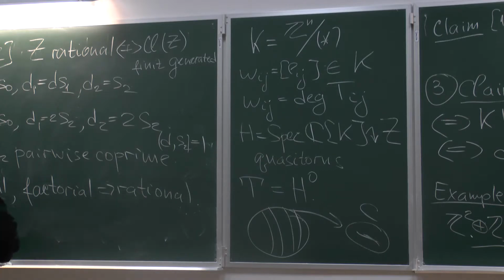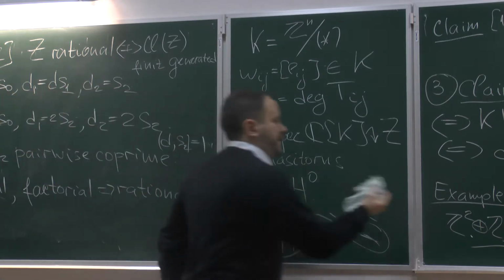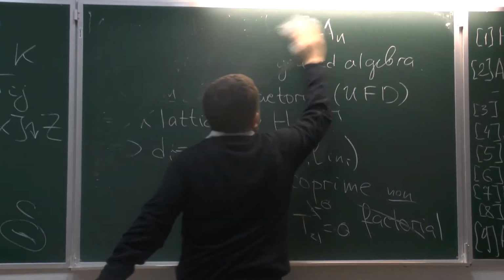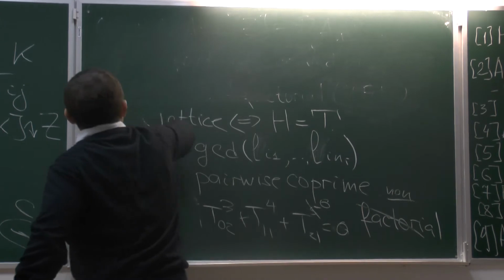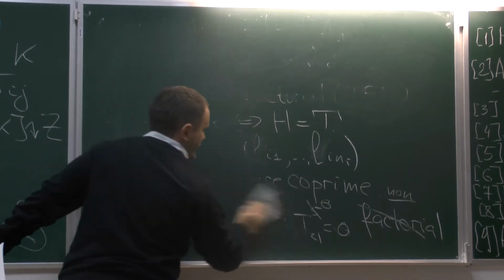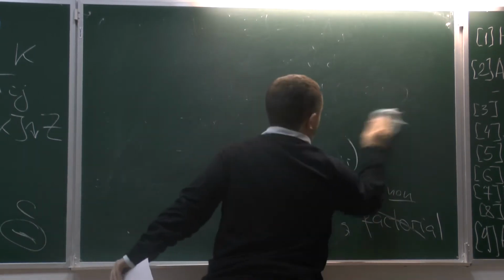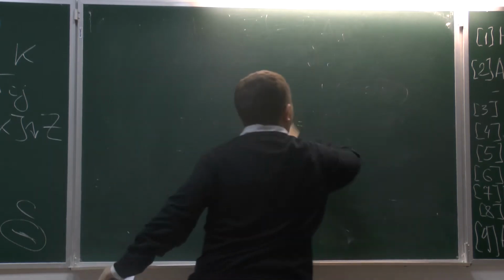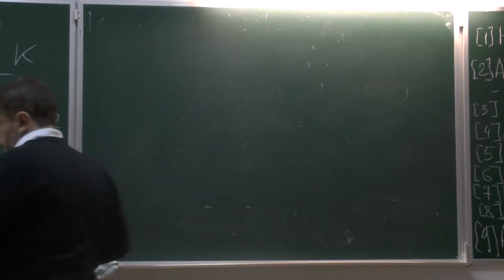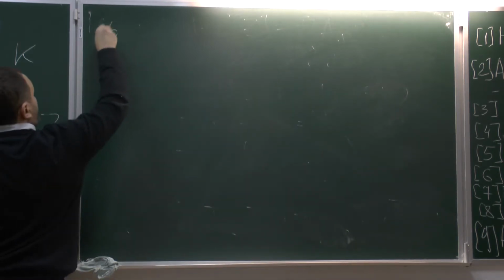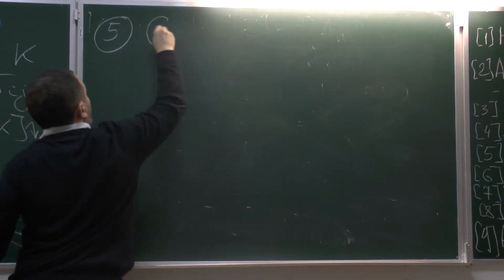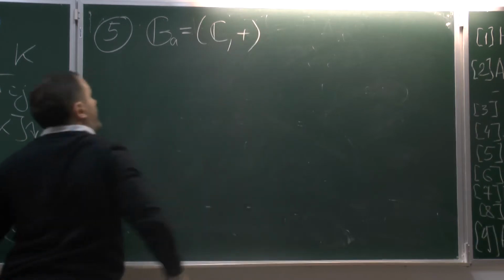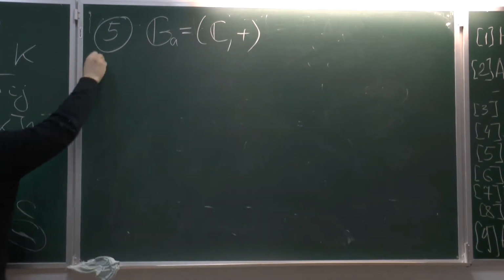Okay, next section will be about unipotent group actions, namely one-parameter unipotent groups. I consider the additive group of my field, C plus, and let me give a general definition.